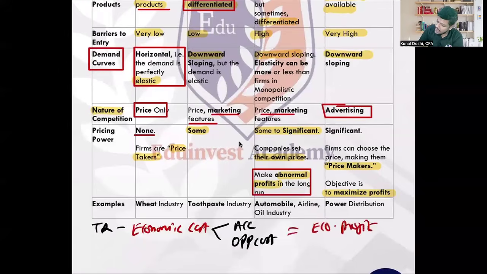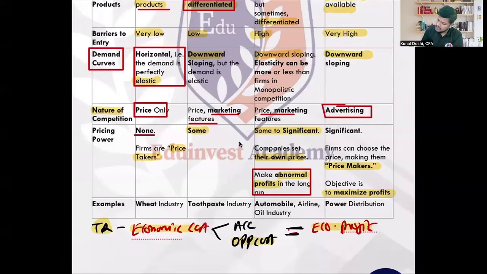Now, if your total revenue is more than the economic cost, then the profit that we make is called abnormal profit. I'll repeat: if the total revenue is more than the economic cost, which also includes the opportunity cost, then we are making economic profit, which is here the abnormal profit.